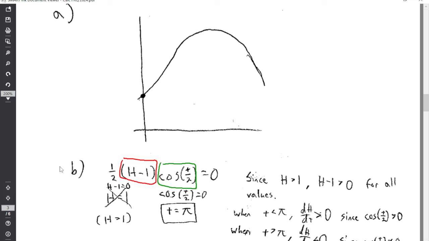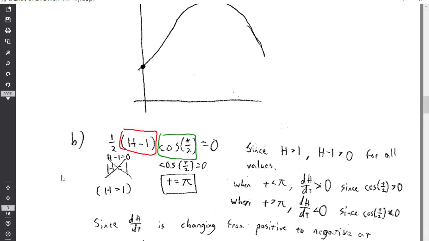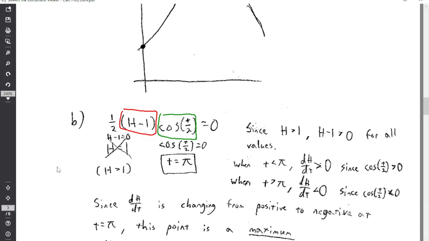Well, cosine between those values to the left and right of pi is going to be changing from being positive to being negative because of how cosine operates in the first and second quadrants. So because this function is changing from positive to negative, dH/dt is changing from positive to negative, that means we have a maximum.